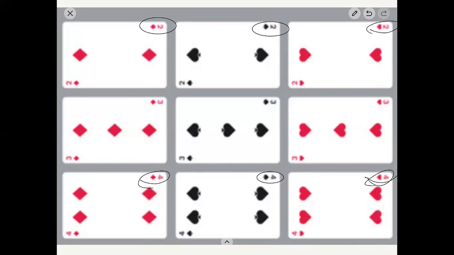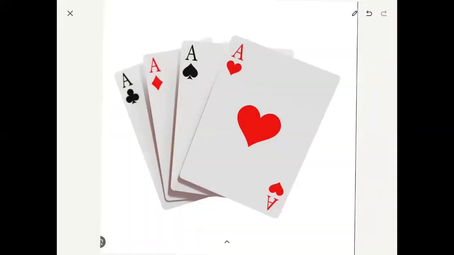Okay, so that's the idea. So two pair, three pair, and then this would be a four pair. So you've got four aces, but it doesn't matter what the actual denomination is. What you're looking for is four of the same numbers or types of cards.